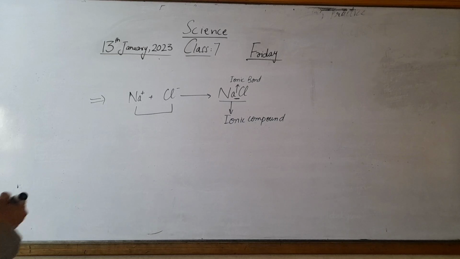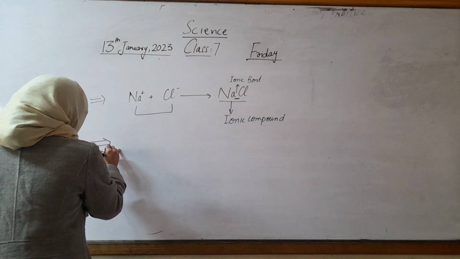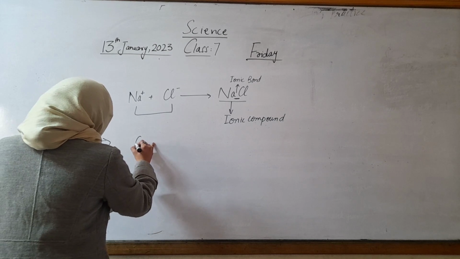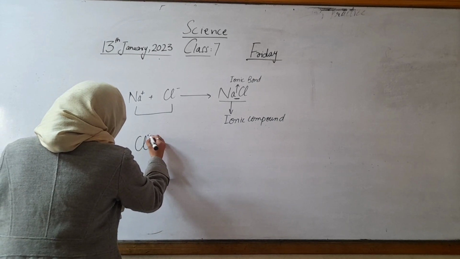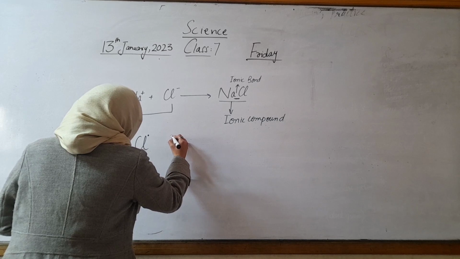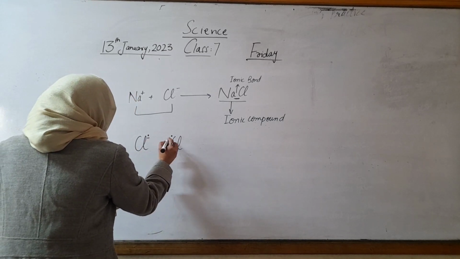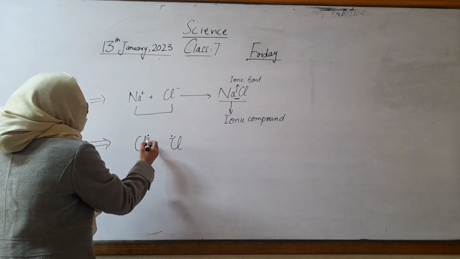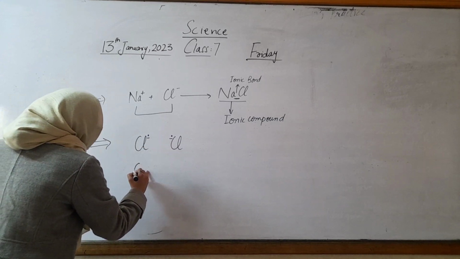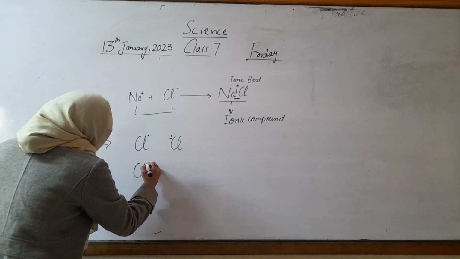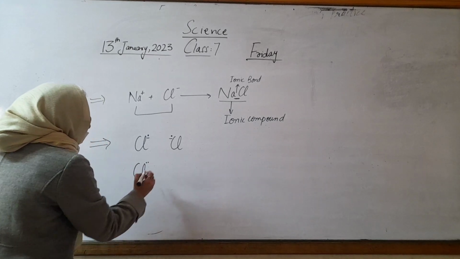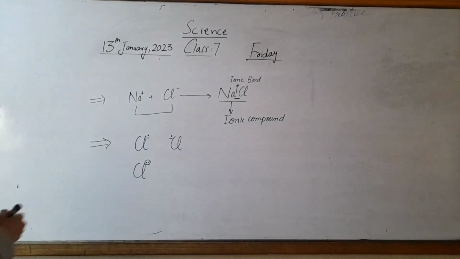In covalent bond, bonding takes place between the atoms having unpaired electrons. Here you can see the electrons. These are in unpaired form. If they are in paired form, then we will symbolize them with two dots. Every atom bonds so that it will complete its outermost shell.